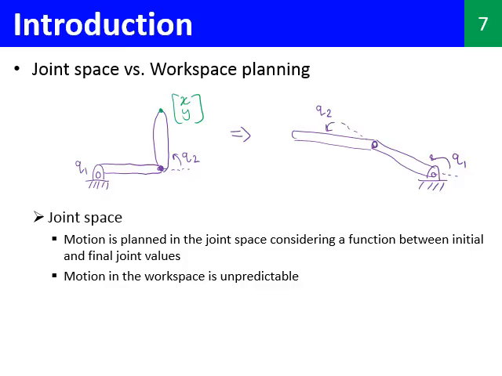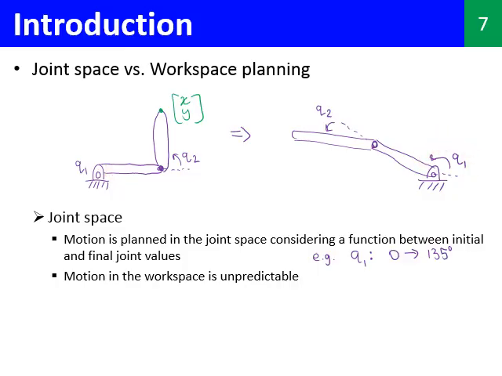So in this case, Q1 is going to change from 0 to, let's say that final angle is 135 degrees. So here this is 0 and this is our final angle. Okay.